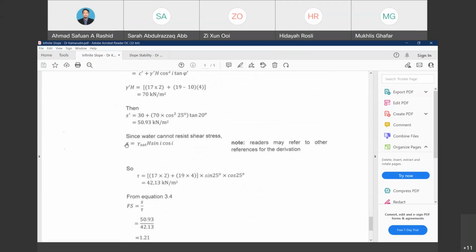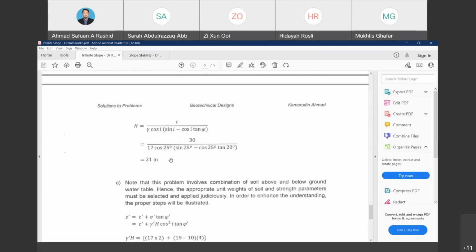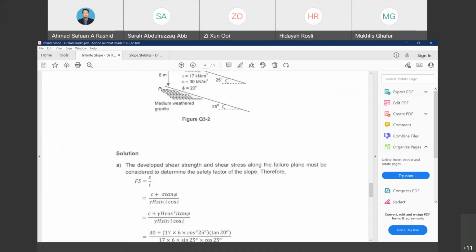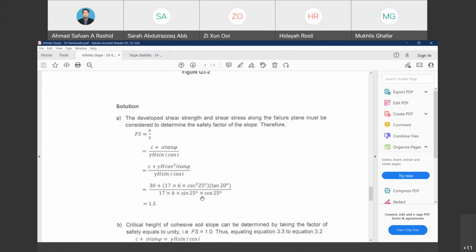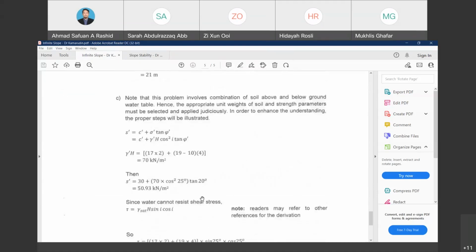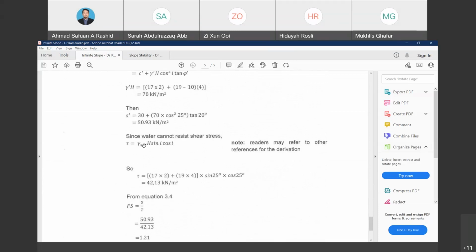While for the tau, or the shear stress, since water cannot resist shear stress, and because this tau happens at the failure surface, the unit weight should be considered as the full saturated unit weight.